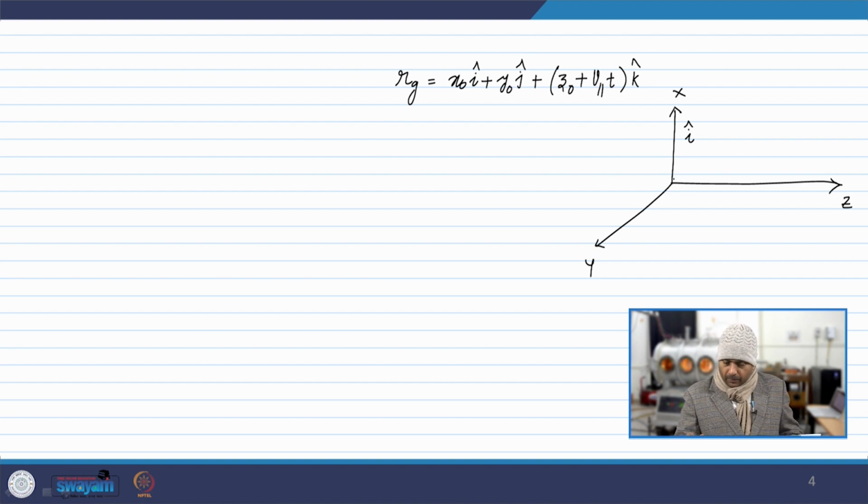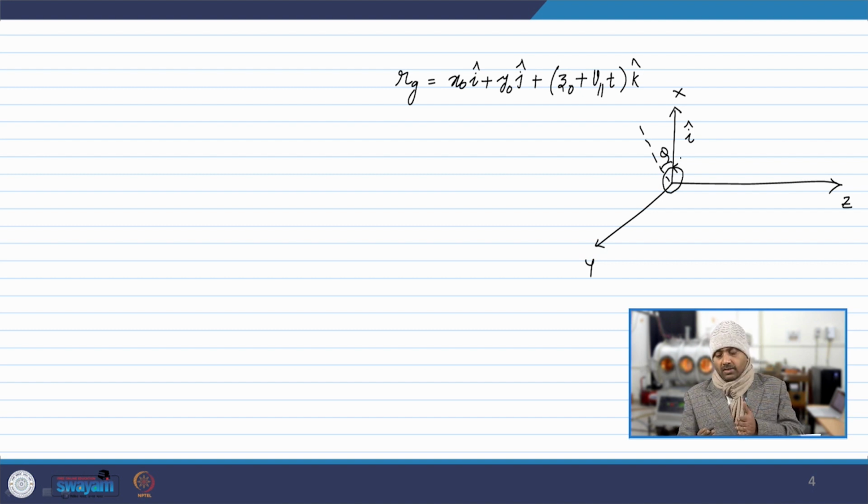Now, the angle phi will always be taken with respect to the positive x axis. Now, the electron, like I said before, will rotate such that the angle phi will increase, right. So, the electron's trajectory will be like this.